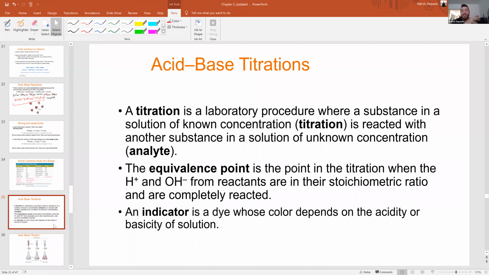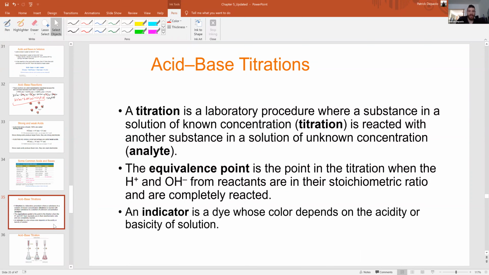When a known amount of the known substance, meaning you know the volume and the concentration, reacts with a known volume of an unknown concentration, you can determine the concentration of the unknown. Basically, you can determine the concentration of an acid if you add base to it.